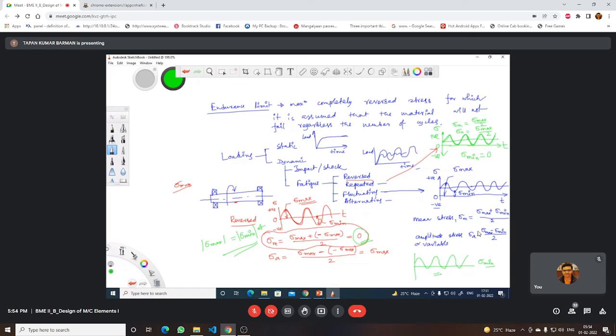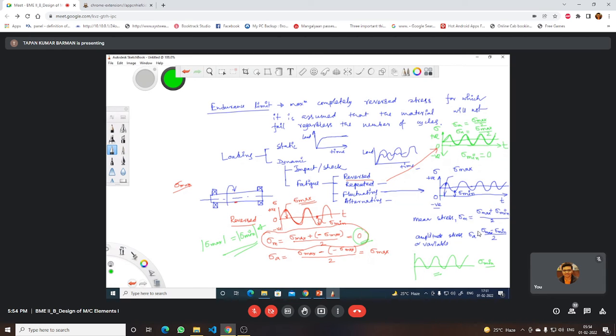Understand? For all other cases, your mean stress will not be 0. There should be some value. But in reverse loading, your mean stress should be 0. So by calculating mean stress only, you can say whether loading is reversed or not.